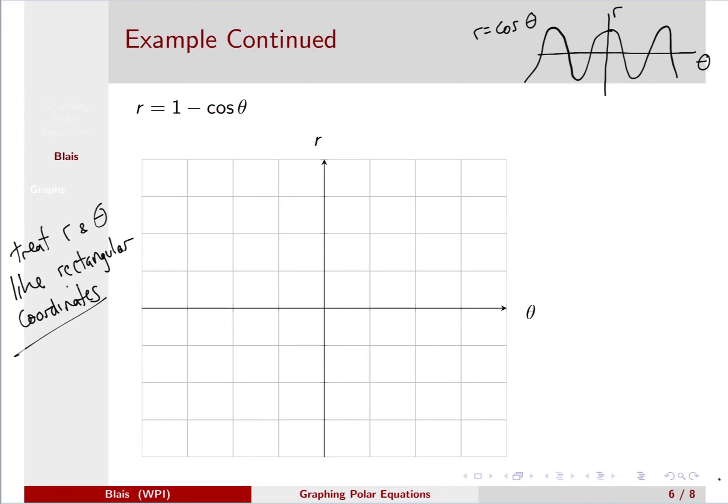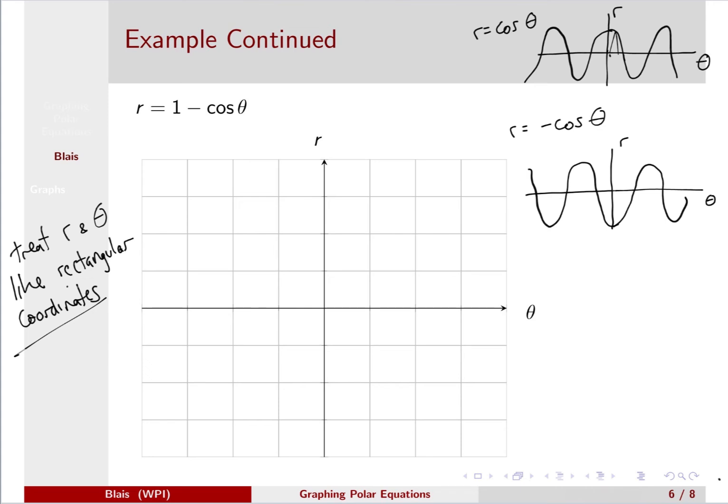Well, we need to deal with minus cosine of theta, which means we reflect this picture here about the x-axis. So r equals negative cosine of theta would appear as such. And if we want to add 1, we shift it up by 1. And we can think about what these intercepts will look like, but why don't we go ahead and graph it here?